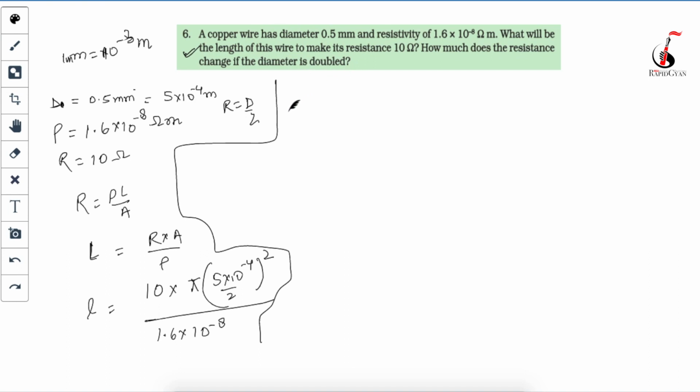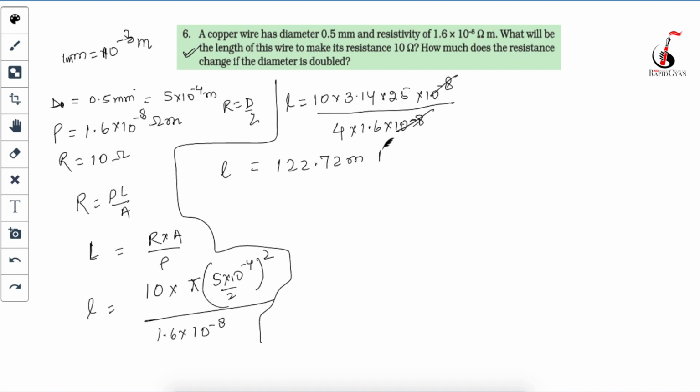The value of L will become 10 multiplied by 3.14. 5 5s are 25, so multiplied by 25 into 10 to the power minus 4 squared, which will become 10 to the power minus 8, and the 2 to the power 4 can go down, so this will become 4 into 1.6 into 10 to the power minus 8. This and this will cancel out, and if you further solve this, you will get the value of L, which is equal to 122.72 meter. Okay, so that's your answer for this.